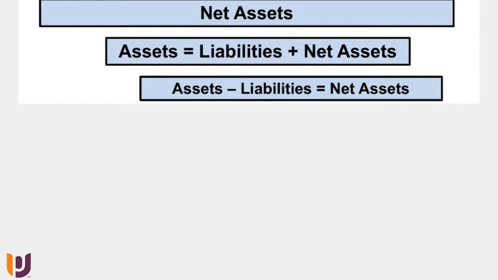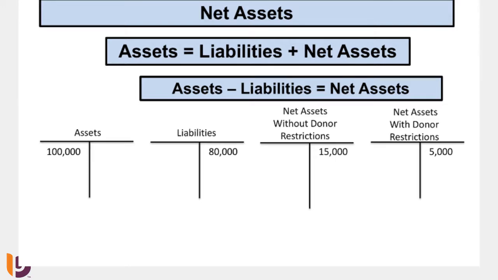I'd like to show you an example for a nonprofit. We start with assets of $100,000. Liabilities are $80,000. Net assets without restrictions are $15,000, and the net assets with restrictions are $5,000.